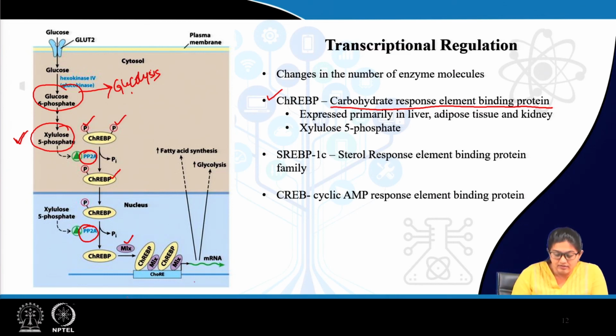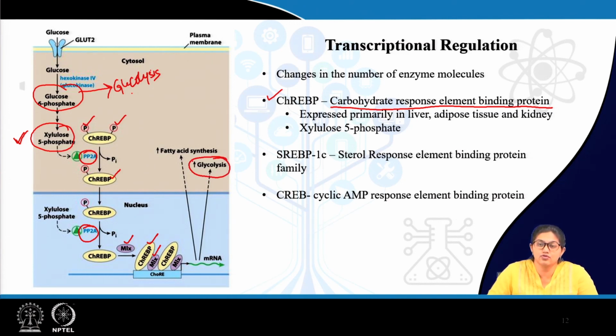So, this acts as a promoter for mRNA synthesis, and the ChREBP-MLX transcription factor activates the transcription of different enzymes present in glycolysis, like hexokinase, phosphofructokinase 1, and pyruvate kinase.